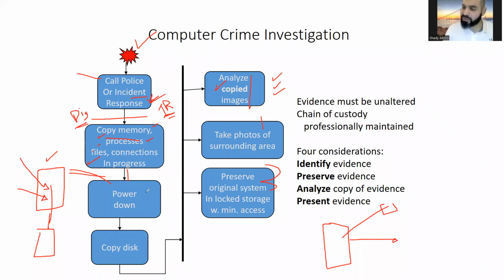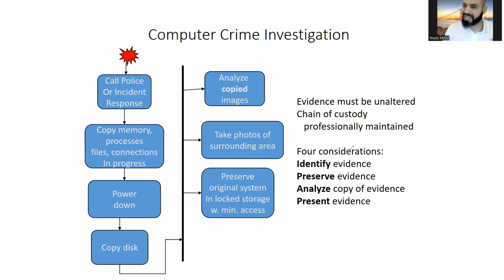Because the original investigator did something wrong and destroyed the evidence. So as an investigator, all your work is going to be done on the images, and the original computer will be seized. Seized means that we will have control over it, and we will be protecting it and sending it to the court as evidence.